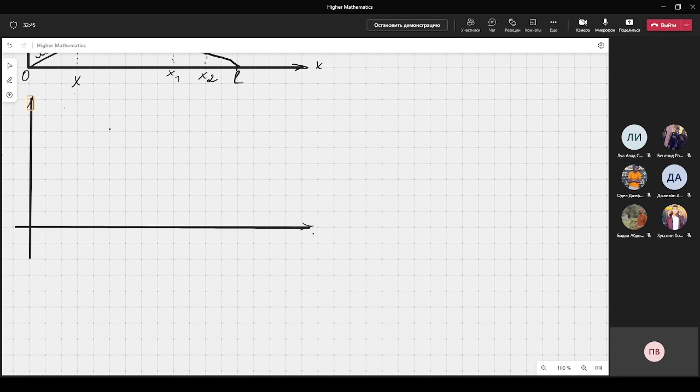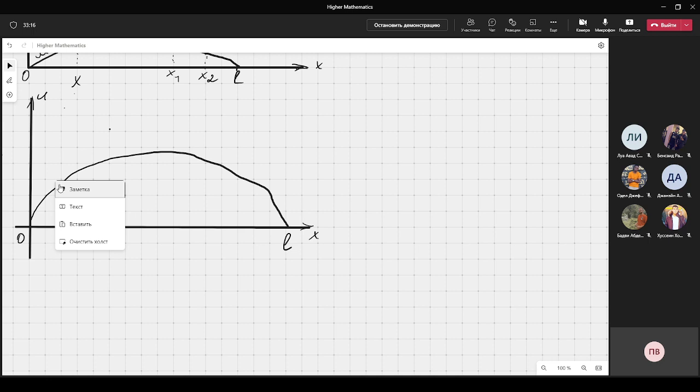This x-axis, u-axis, this curve, here L, 0, here we will have m prime.